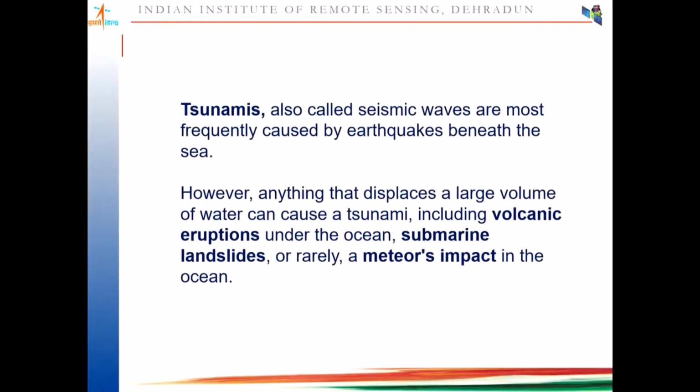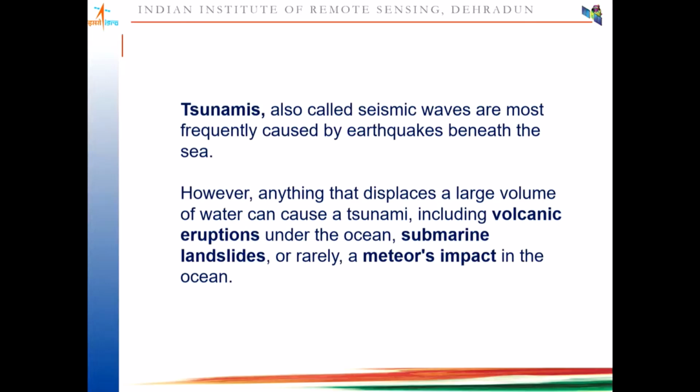Then let us talk of tsunami. And tsunami, as you know, is called a seismic wave, most frequently caused by earthquakes beneath the sea.